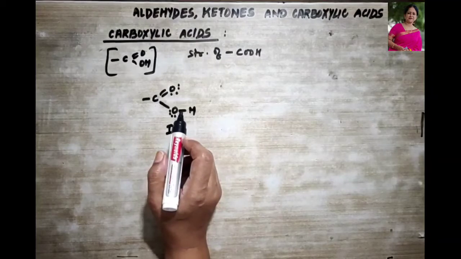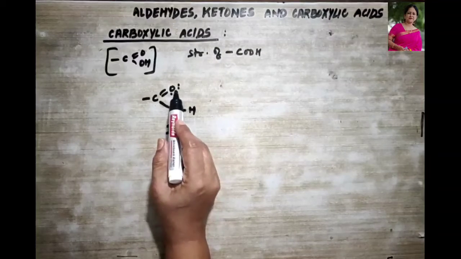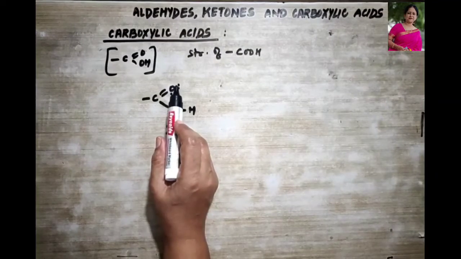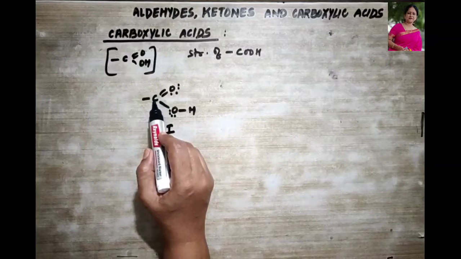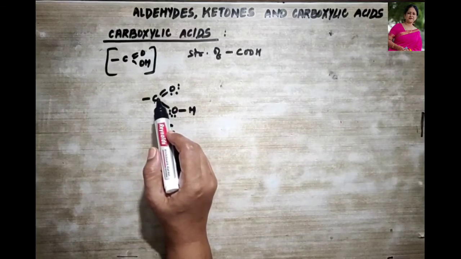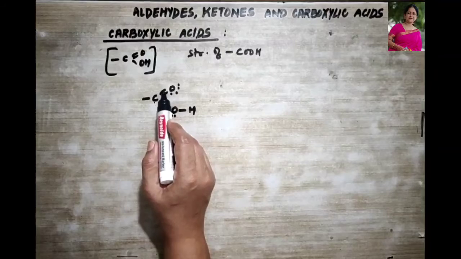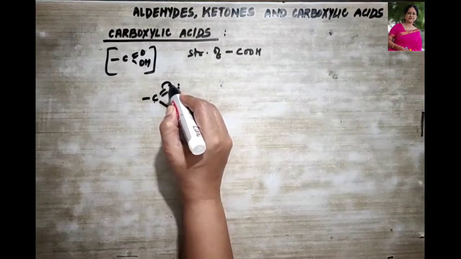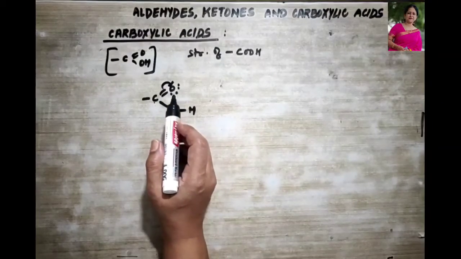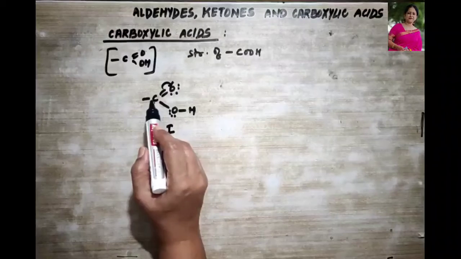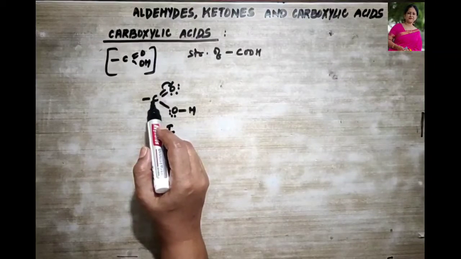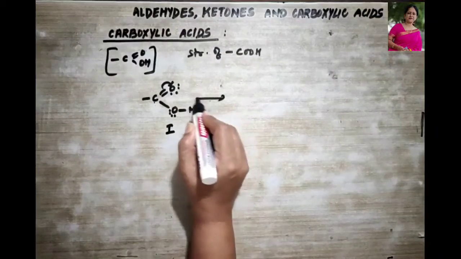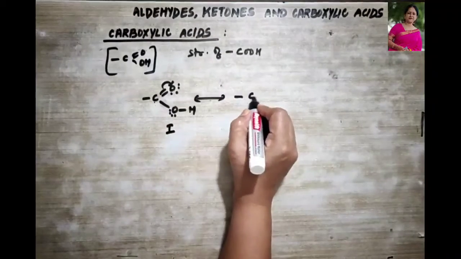In carboxylic acid, the oxygen atom is more electronegative as compared to carbon atom. Therefore, the electron density shifts towards this oxygen atom. This makes the carbon atom electron deficient. Let me draw it for you.